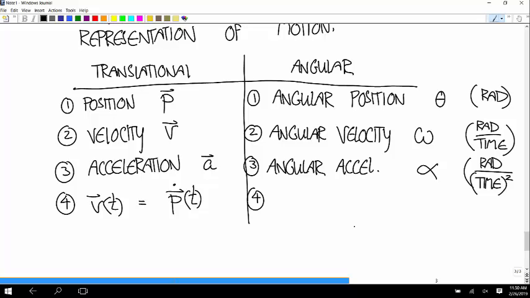And the same relationship holds between angular velocity and angular position. Omega as a function of time is the time derivative of the angular position as a function of time.